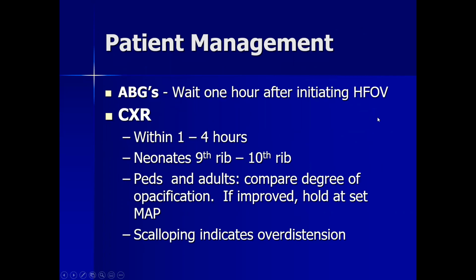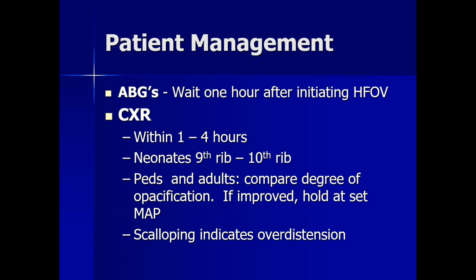It takes about an hour for the alveoli to open and for ventilation to improve. So they recommend waiting 1 hour before getting a blood gas. And then to open up the alveoli and improve oxygenation, they say wait about 1 up to 4 hours to get a chest x-ray.